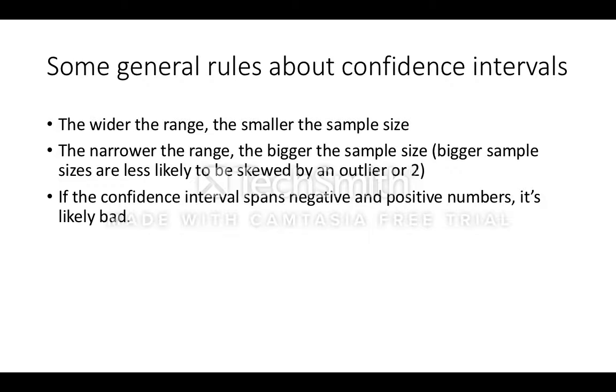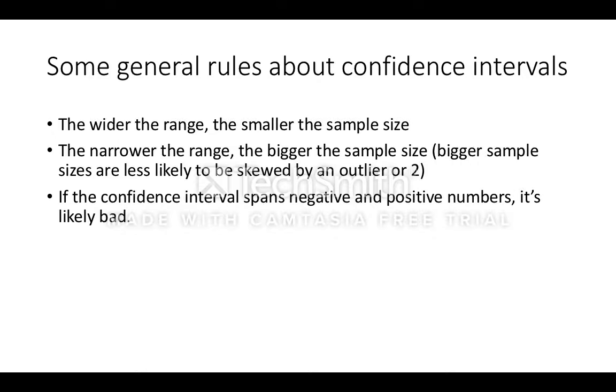Bigger sample sizes have enough people in them that they can make up for an outlier or two. Whereas in a small sample, an outlier counts for a much higher proportion of the sample, and we get a wider range because of the skewedness of having an outlier there. But a bigger sample can compensate for that outlier.